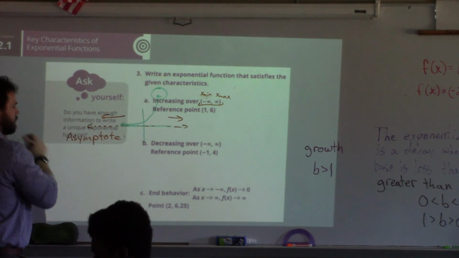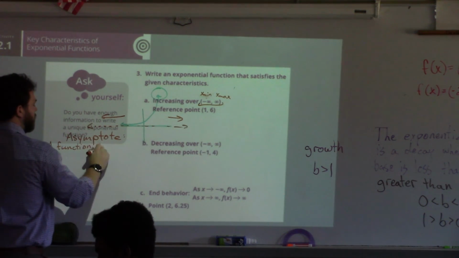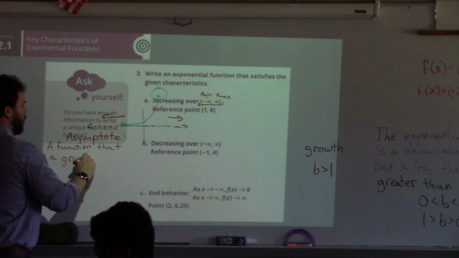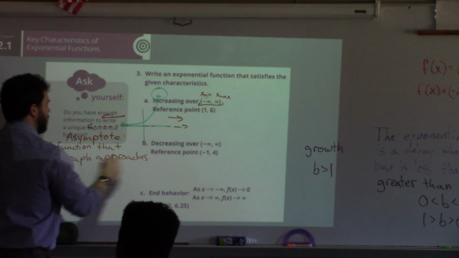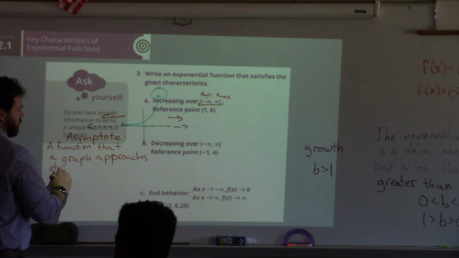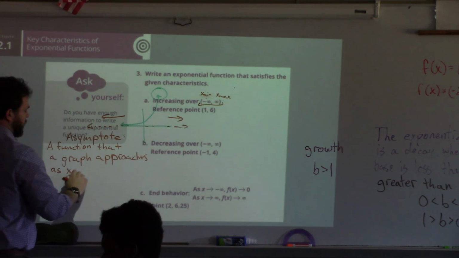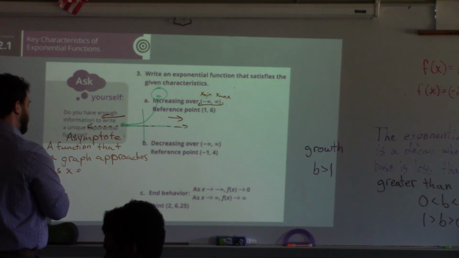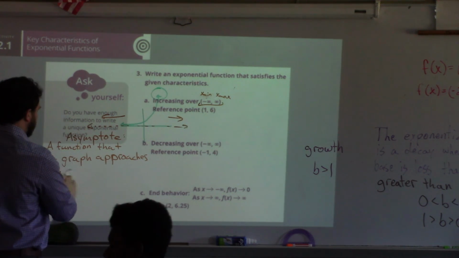An asymptote is a function that a graph approaches at one of the end behaviors, let's say it that way.